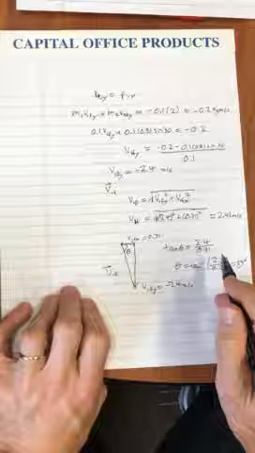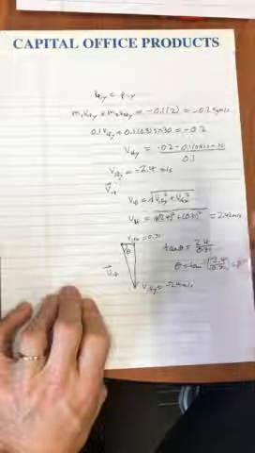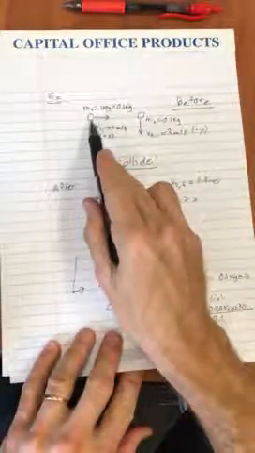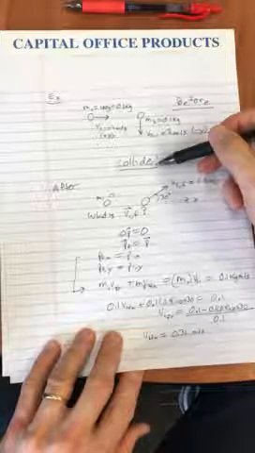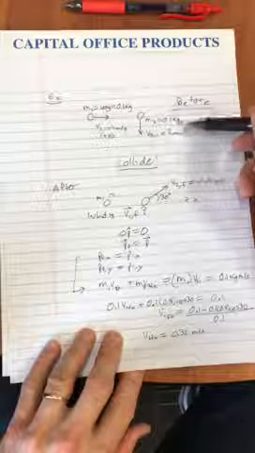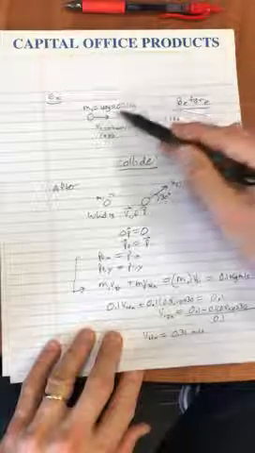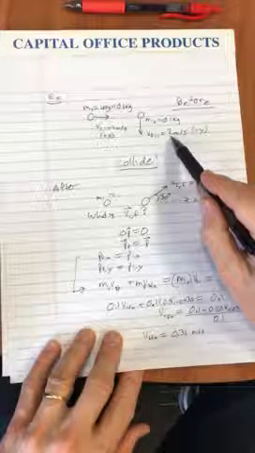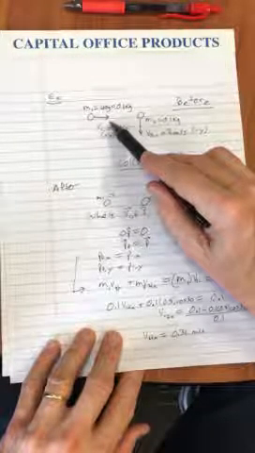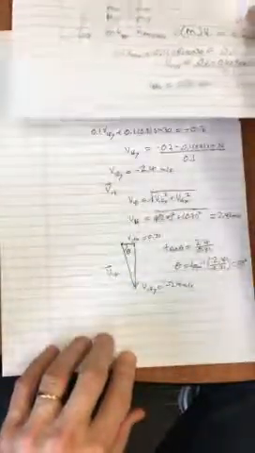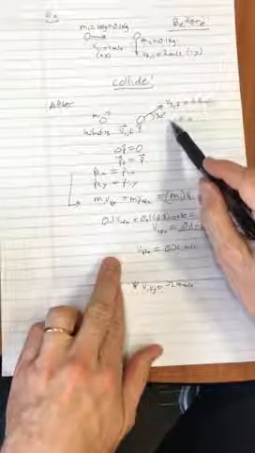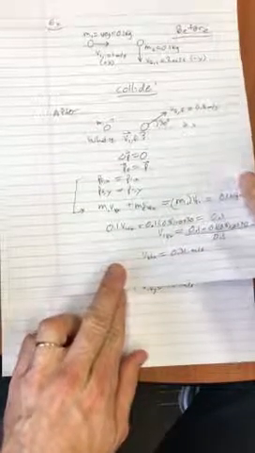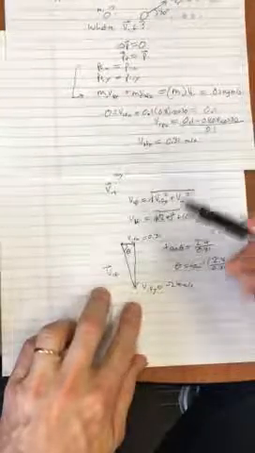Let's ask ourselves if this makes sense. Our initial momentum is to the right from puck 1 and down from puck 2. We've got more downward momentum than we have rightward momentum because this puck is traveling faster than this one. After the collision, we have puck 2 going to the right and up, but not very fast.